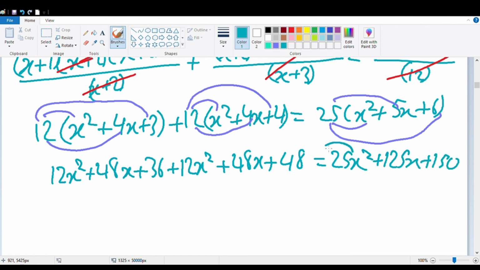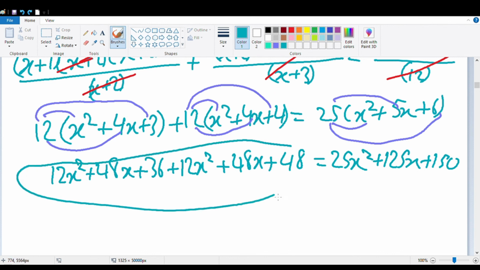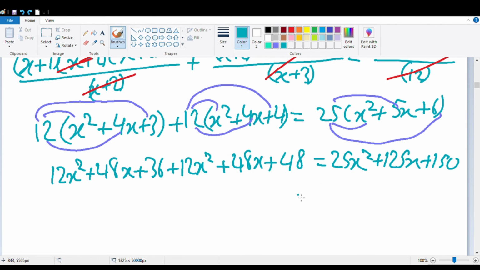Since we see that 25 is greater, just slightly greater than 12 plus 12, which is 24x squared, we're going to send all these terms on the left-hand side to the right-hand side. So first of all, let's actually simplify.